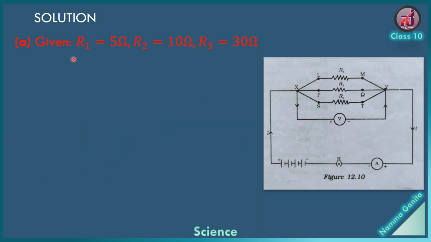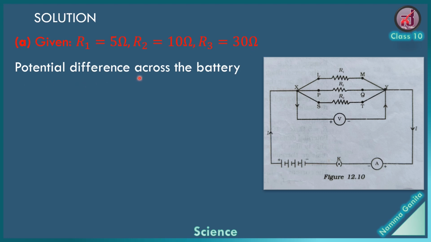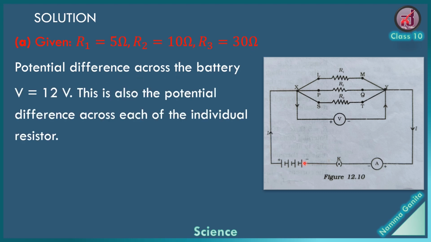Solution. Given R1 is equal to 5 ohm, R2 is equal to 10 ohm, R3 is equal to 30 ohm. Potential difference across the battery V is equal to 12 volt. This is also the potential difference across each of the individual resistors.